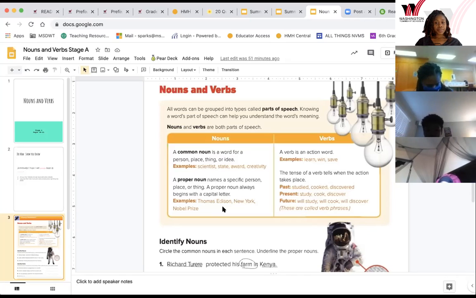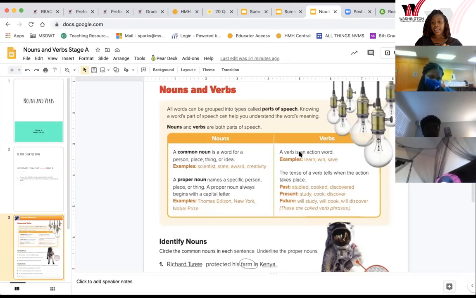Good. Malaysia says Atlanta. That is a specific place, a specific city. Germany, a specific country. Chicago, yes. Just remember to capitalize it. You always capitalize proper nouns.